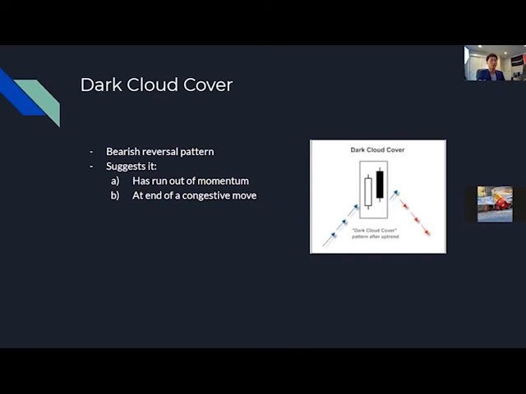What I also have to remind you of is that while these will help you become a better trader, they will not necessarily help you make money right away. Being able to recognize these patterns during specific market climates will start telling you, oh, while we're in a bear market and I keep seeing this dark cloud cover, this might indicate that it's just a congestive move, or that it has run out of momentum.